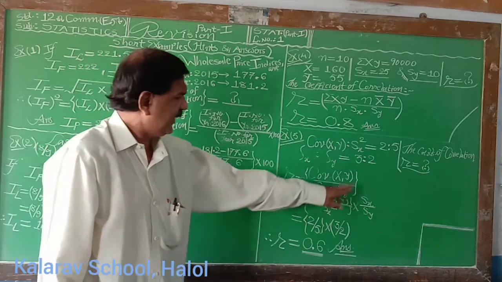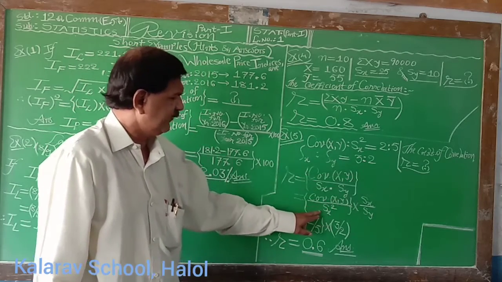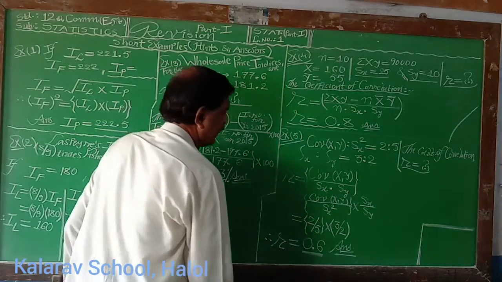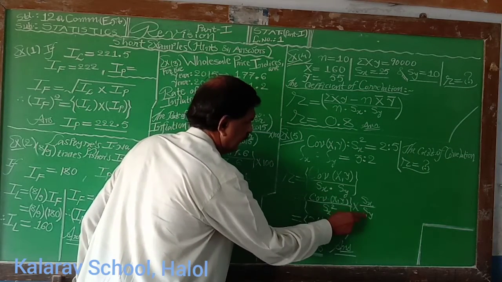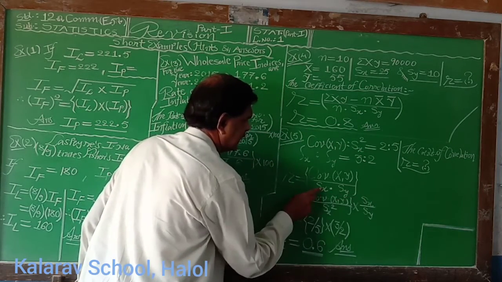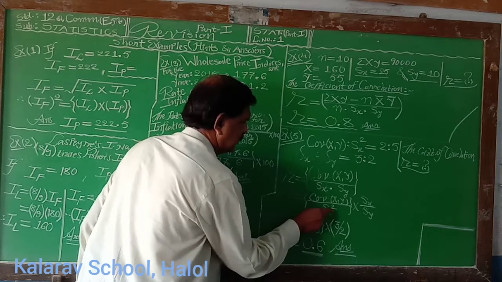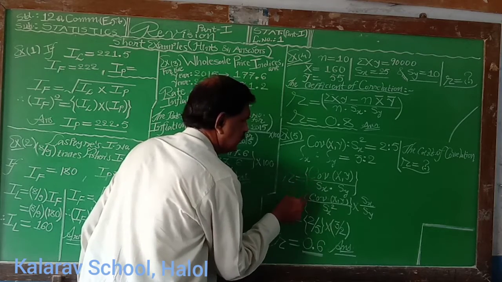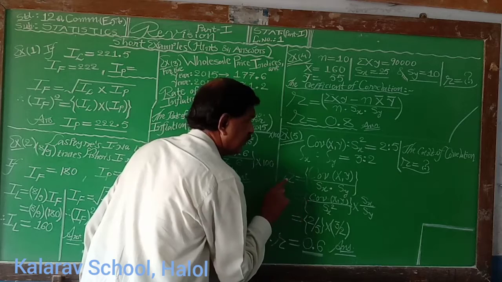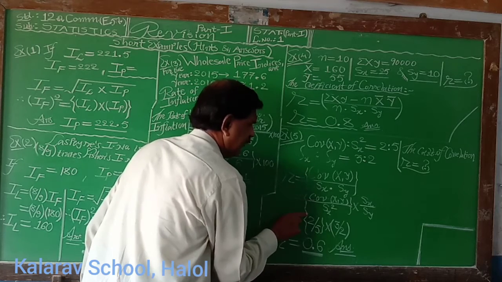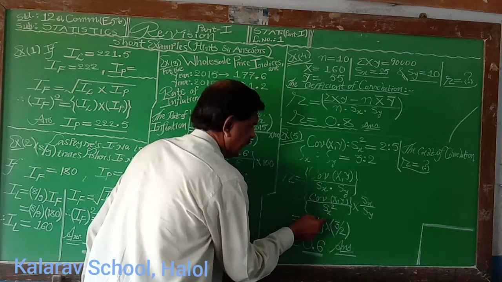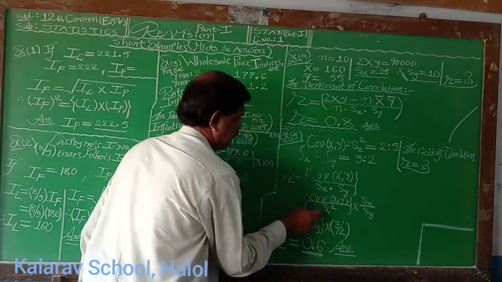If you multiply by Sx, then in the denominator there is one more Sx, so you can write Sx times Sx, Sx square, with Sy in the numerator. This formula and this formula are identical, not changed. The other expression of this formula is this.